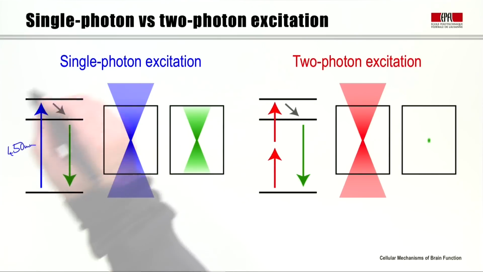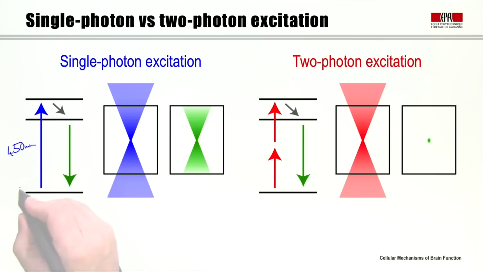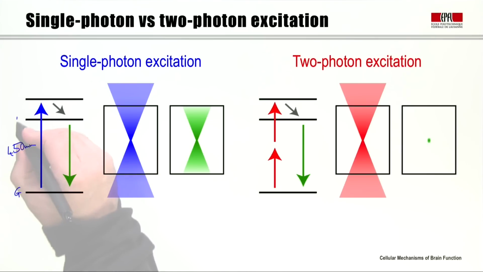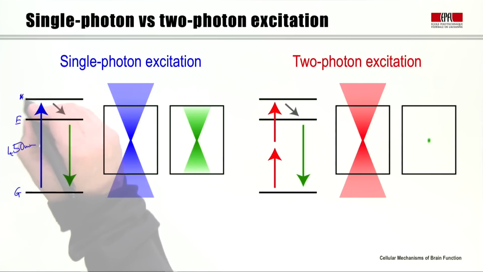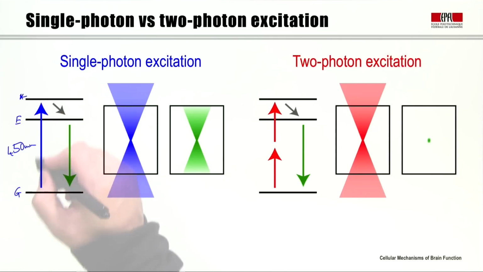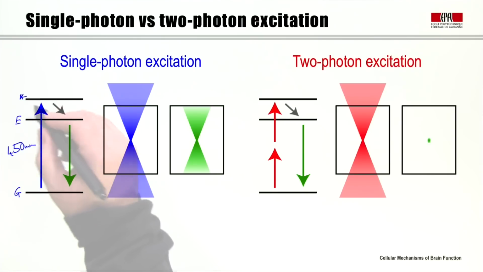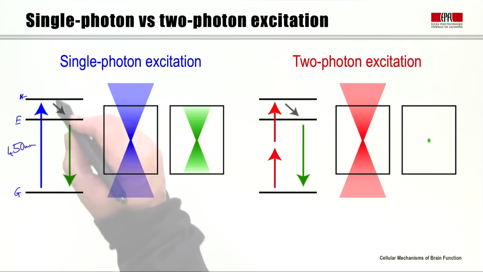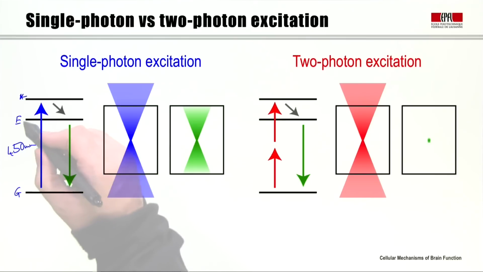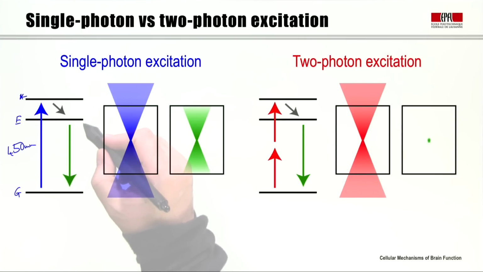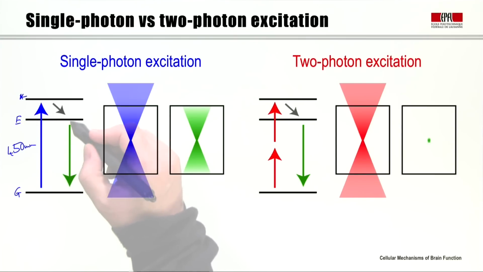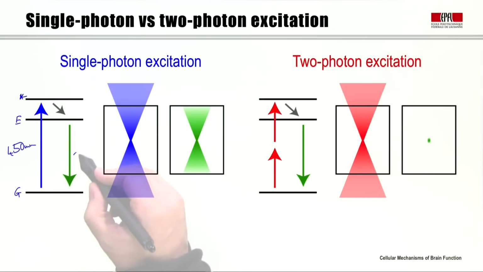So this is a Jablonski state diagram. We have the ground state, we have an excited state, and we have the initial excitation state after absorption of the blue photon. There's then some rotational energy that's given off. It settles into an excited state. It remains there for some nanoseconds and then emits the green fluorescent photon.